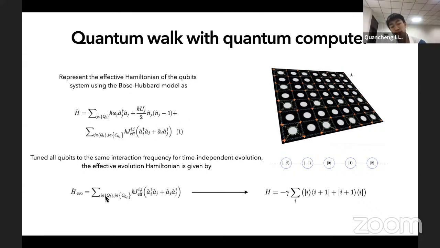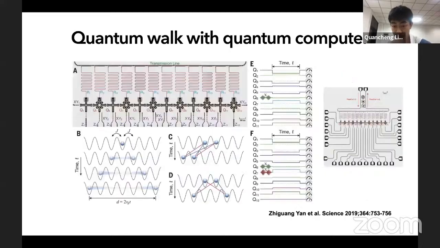If we connect to what I just discussed previously, this can be regarded as a tight binding Hamiltonian. So we can use this system to perform a quantum walk, just like what we study in the theory. So this is what they do.